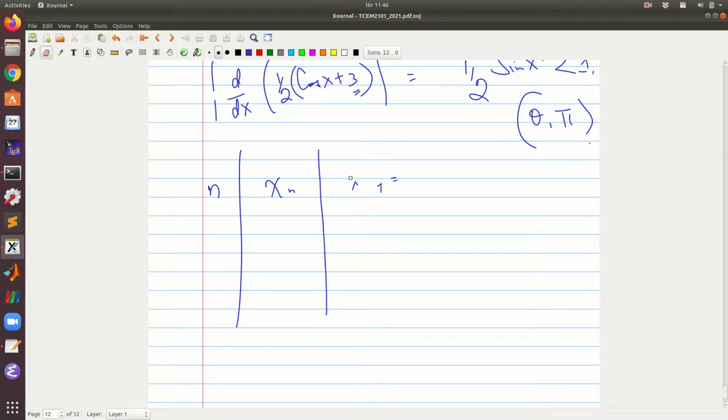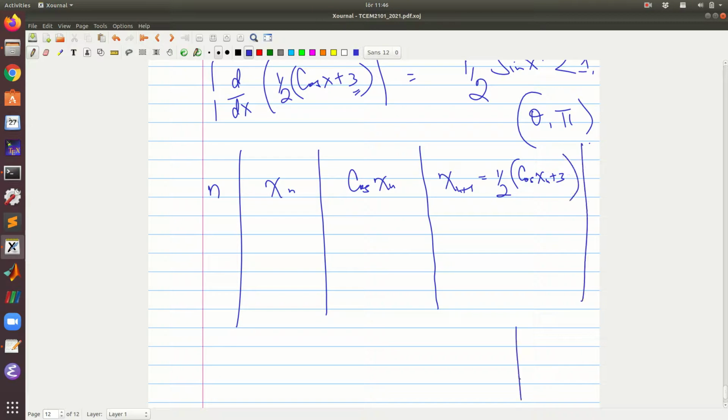Maybe then we can have cos of xn, and then xn plus 1, which is equal to 1/2 of cos xn plus 3, and then lastly the column for the errors, xn plus 1 minus xn.